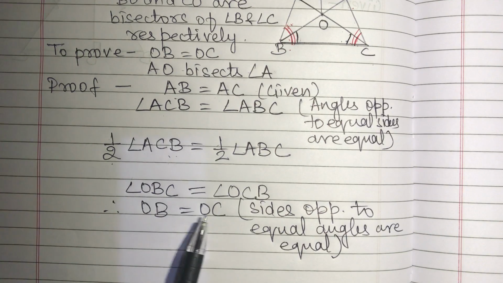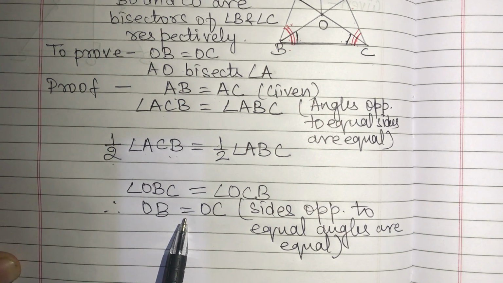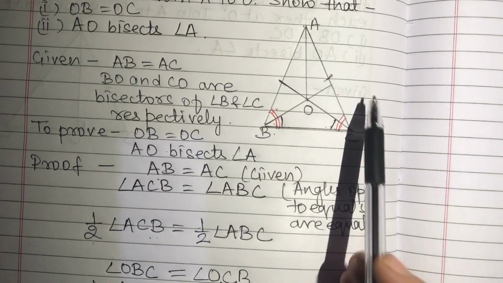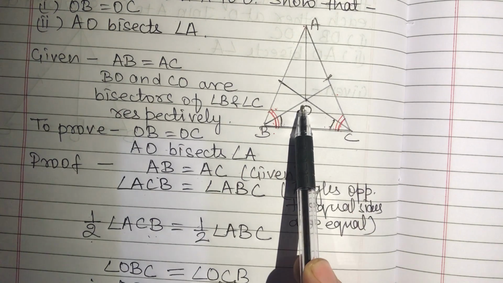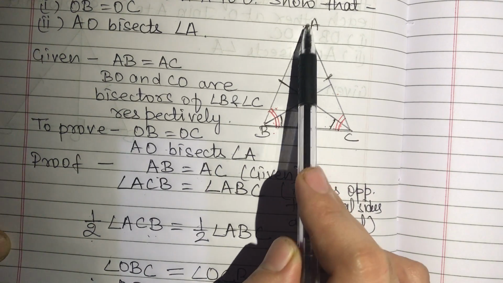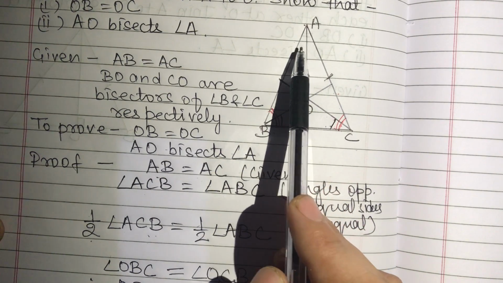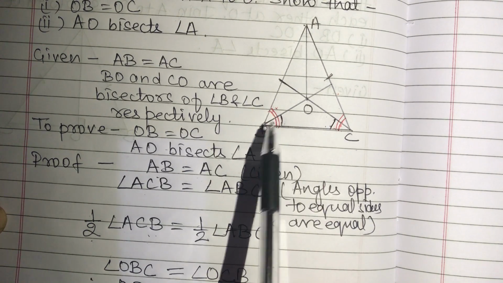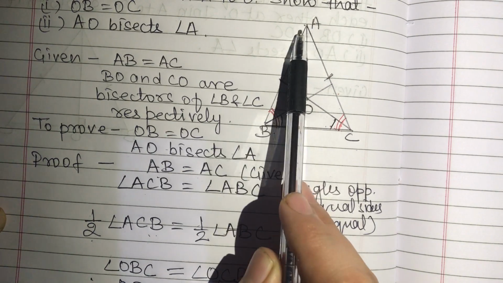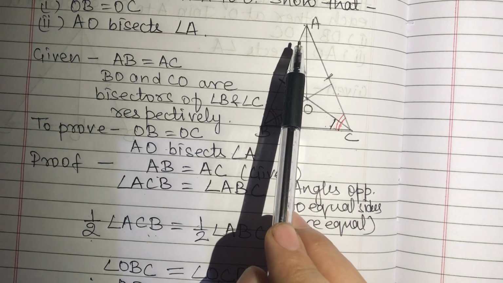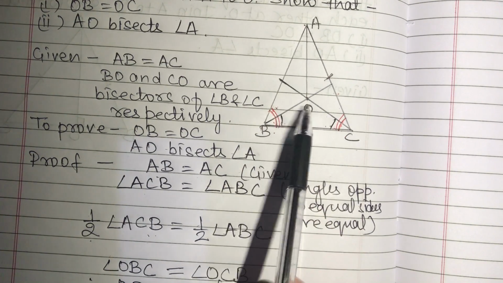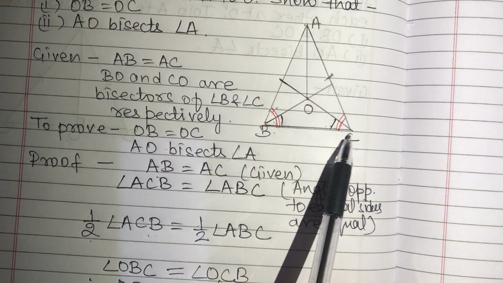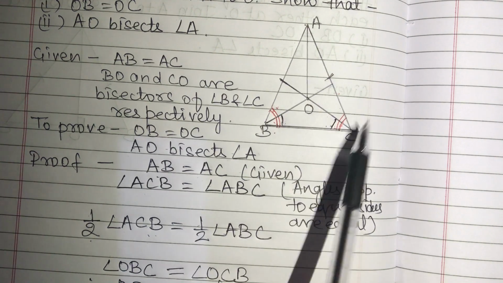Now we are going to prove the second part of this question, which says that this line AO is going to bisect my angle A. For this we have to take two triangles, AOB and AOC. Now I am going to prove that triangle AOB is congruent to triangle AOC.